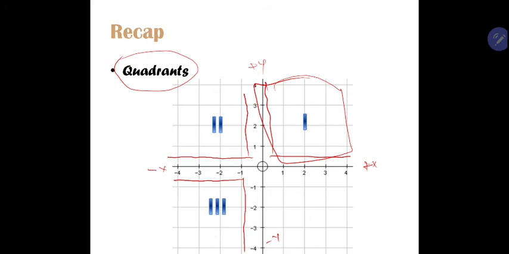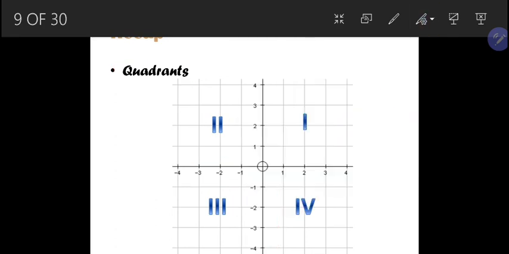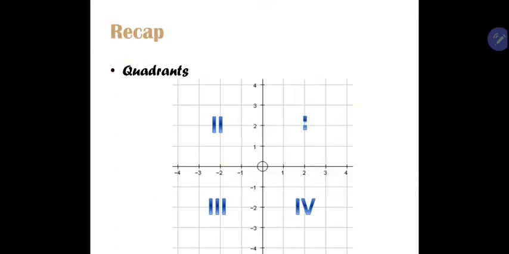And in quadrant 4, the x values are positive but the y values are negative. So these are 4 quadrants. You need to know these 4 quadrants because we're going to use them in our upcoming questions. We will now move on.